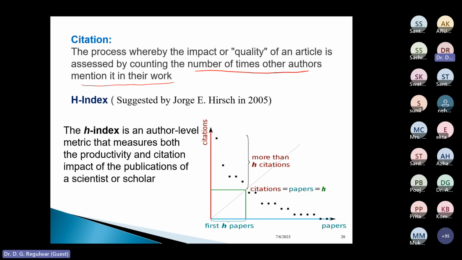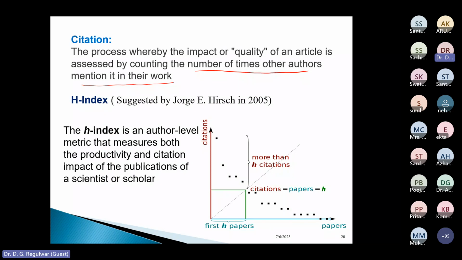And this happens. Some papers have very few citations, and for some papers the citations are huge. This is only because of the utility of that paper in the research.